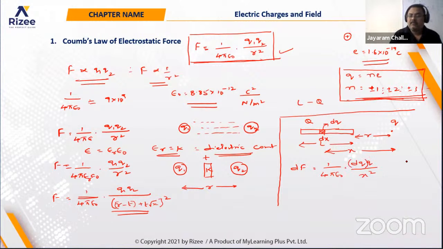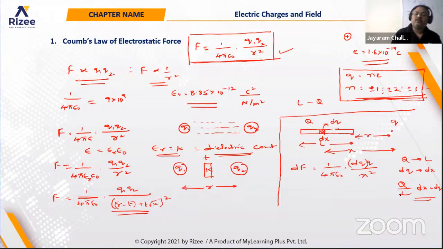To find the unknown value dq, let us write that the total charge Q is for the length L, and dq is the charge for a length of dx. Then Q by L into dx will be equal to dq.